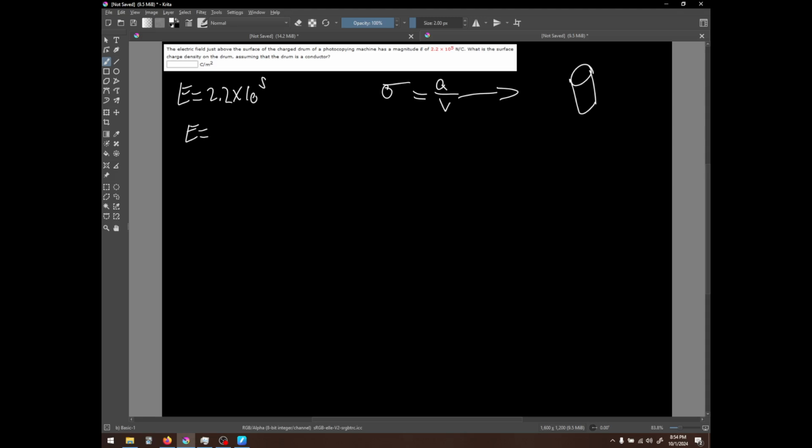Well, let's see. Q enclosed over epsilon 0, we can't use that. We don't know Q enclosed.